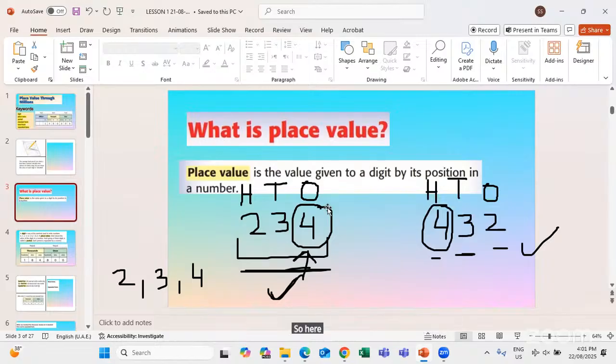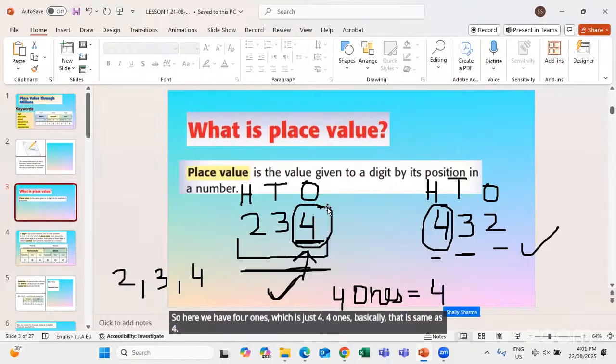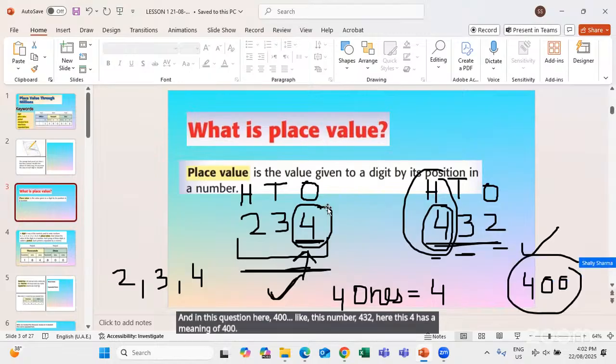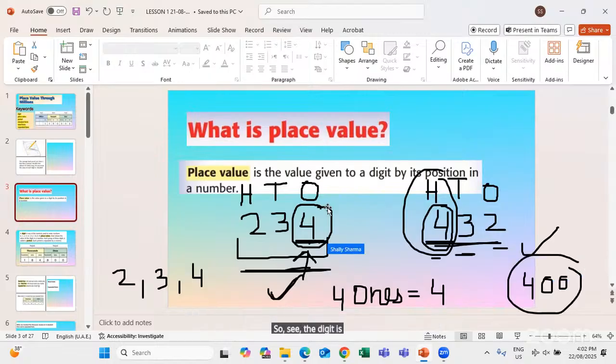So here we have 4 ones, which is just 4. And in this question here, like this number 432, this 4 has a meaning of 400. So see, the digit is the same, 4 and 4, but the value of these digits in these two different numbers depends upon their position or their place in the number.